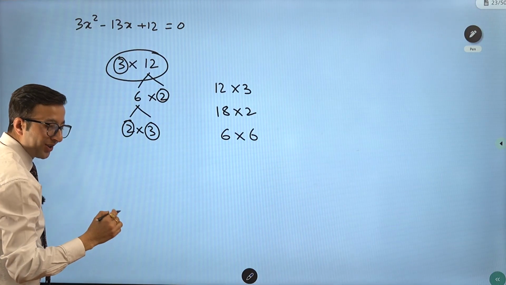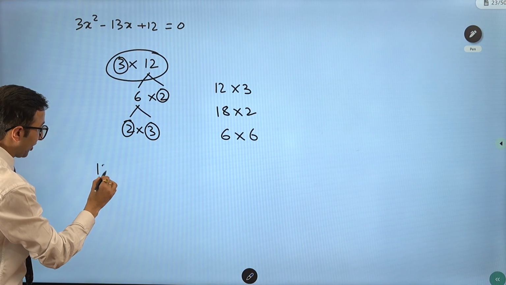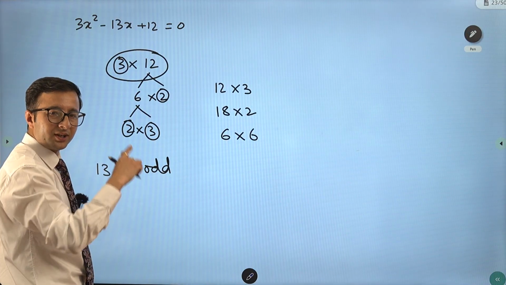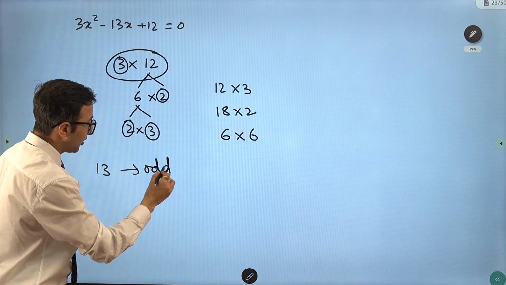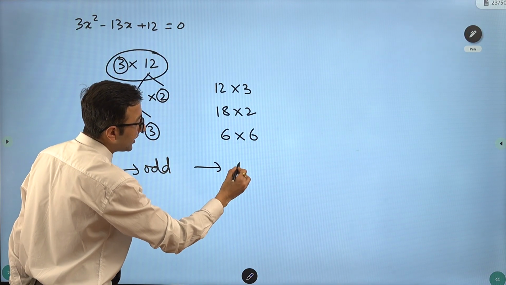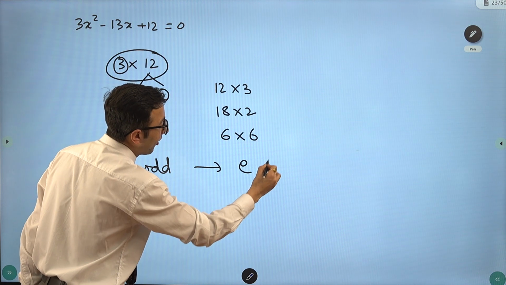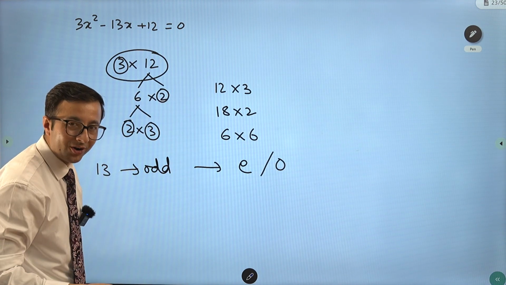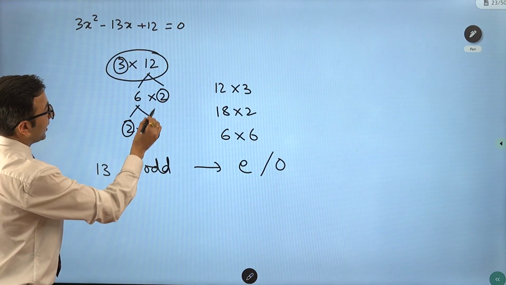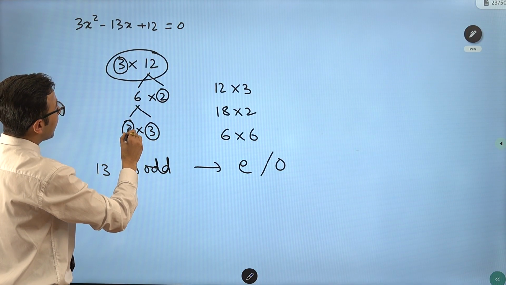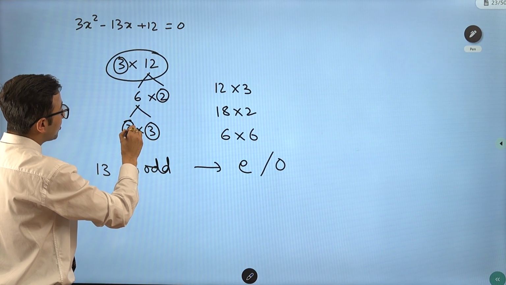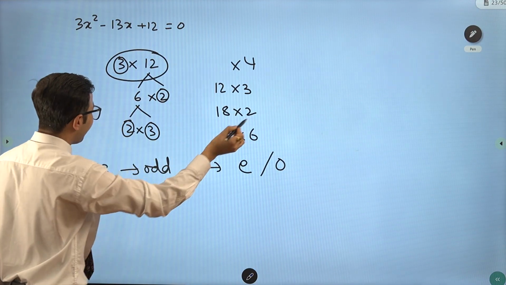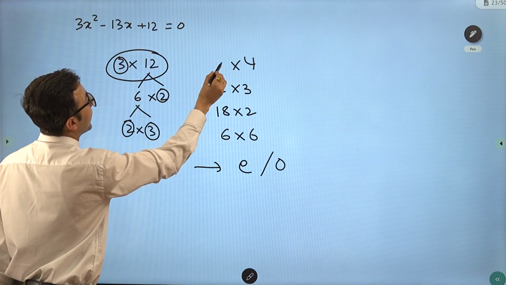To find it out, I will give you one trick. 13 is an odd number. In the first class, I explained that to get an odd number, one of the numbers is even and another is odd. So for that, the even number will be made using 2 and 2. So 2 2s are 4, and the remaining numbers 3 3s are 9.